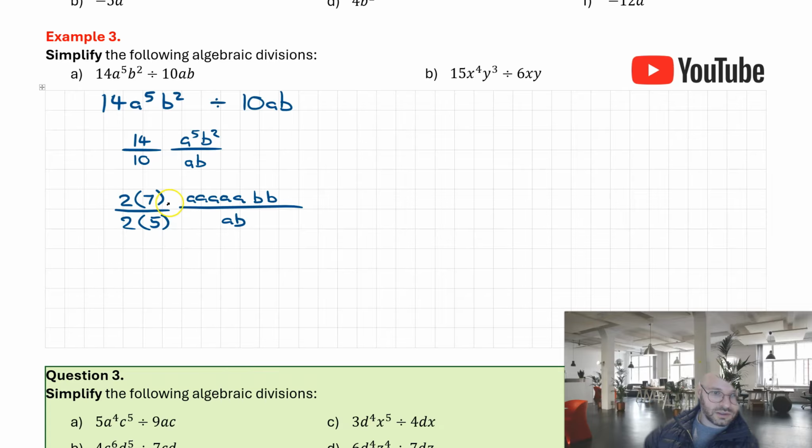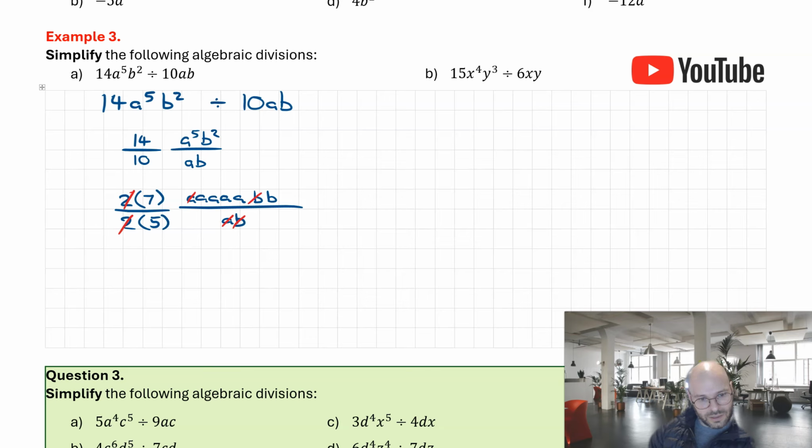Have a look at the coefficients on the left. We have the 2 upstairs and downstairs. Because this features both up and down, we can cancel it out. 7 and 5 have to stay. Moving across to the variables, we have an a downstairs and upstairs, and a b downstairs and a b upstairs.